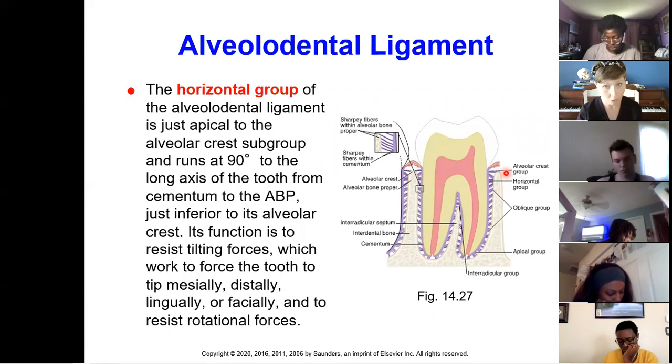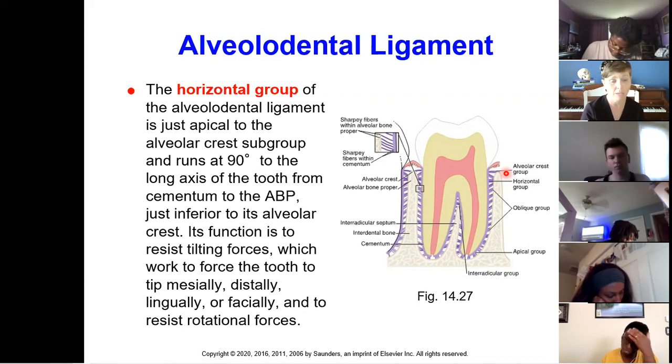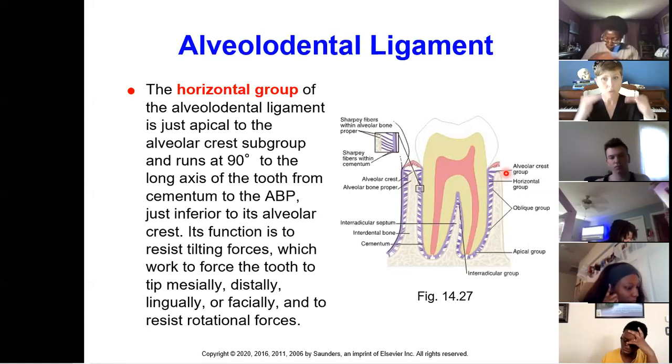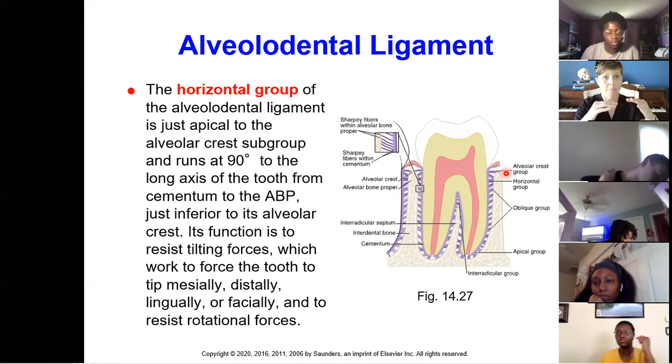Then you have your horizontal fibers. They are just apical of the alveolar crest. They run at a 90-degree angle to the long axis of the tooth from the cementum to the alveolar bone process, just inferior to the alveolar crest. So just right below the alveolar crest group, you'll have your horizontal fibers.